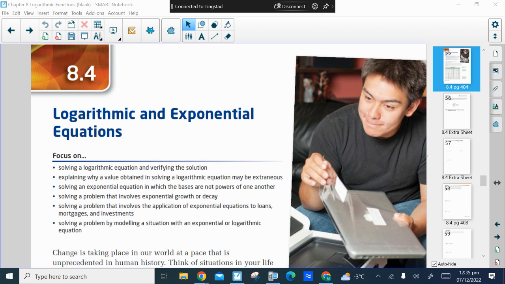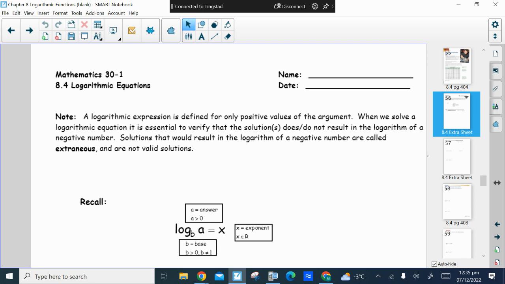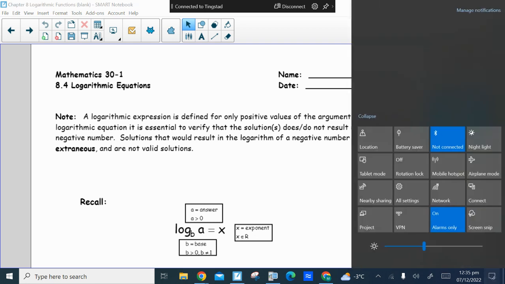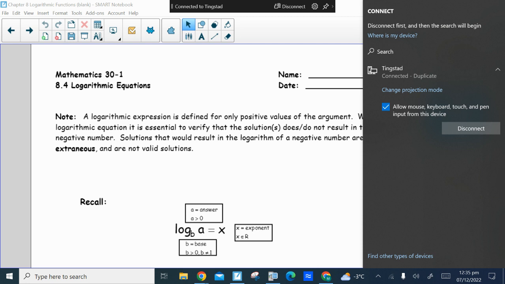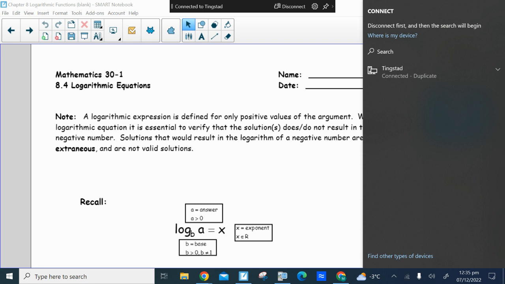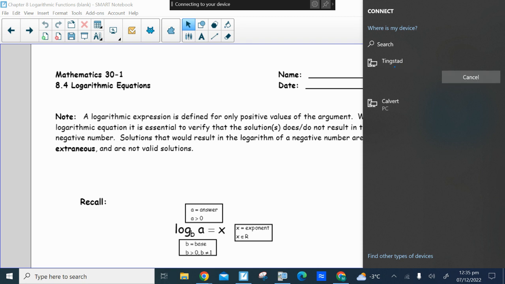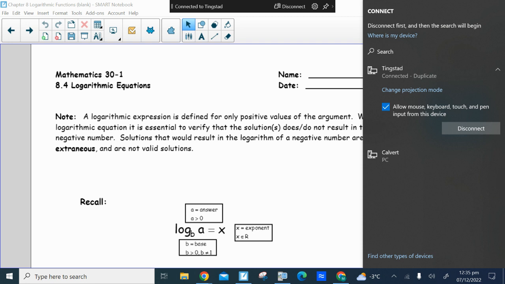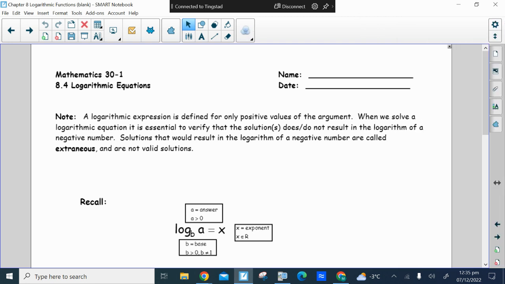Okay, so on the next page, logarithmic expressions are defined for only positive values of the argument.